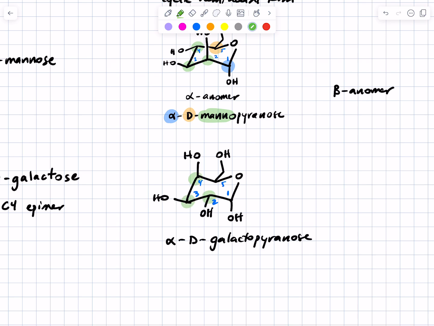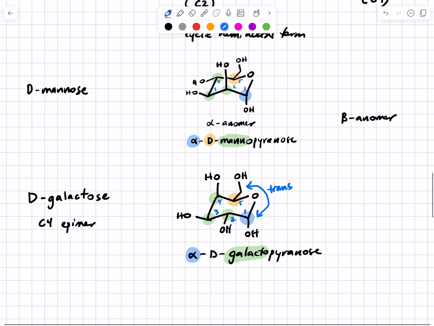The term galacto refers to the configuration at C2, C3, C4. The letter D refers to the configuration at C5, and then the Greek letter alpha refers to the configuration at C1 relative to C5. In other words, these two groups at 5 and 1 are trans to each other in the alpha diastereomer, whereas they would be cis to each other in the beta diastereomer.